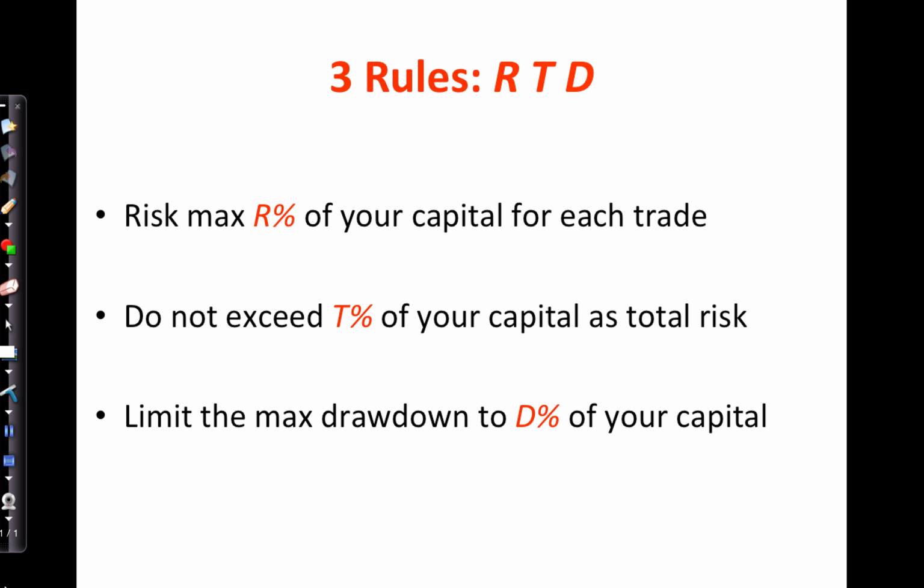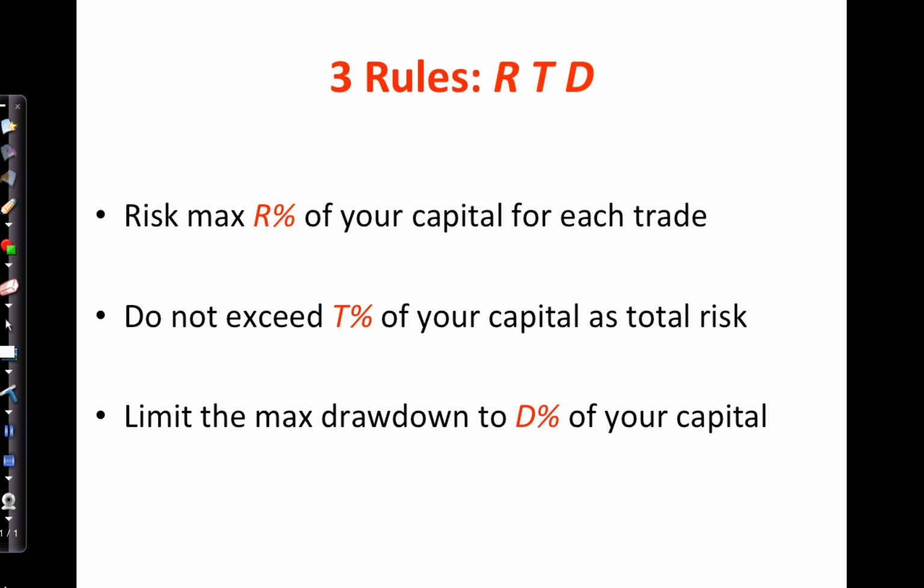Today I'm going to speak about a very important topic, that is risk management. In particular, we will discuss these three terms, RTD. What are RTD? R refers to the risk per trade. In other words, every time I decide to buy some shares, how much should I risk?